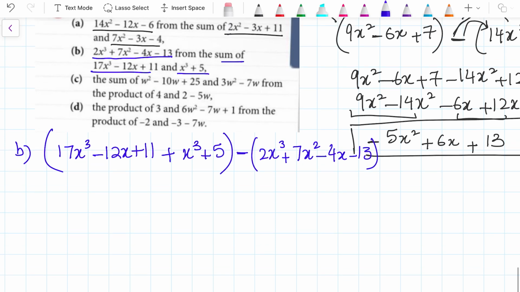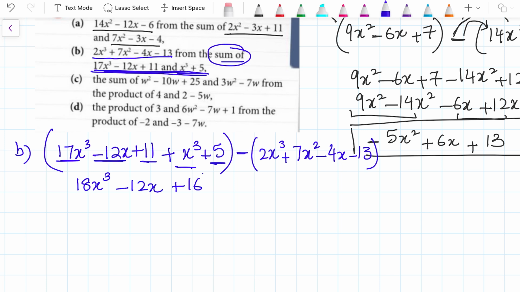Whatever comes after minus, you have to put in the bracket. But when I'm doing the sum, I just write a plus sign in between. I do not write brackets. It's fine. 17 plus 1 is 18x cubed. Minus 12x, since there's no other term. 11 plus 5 is 16.